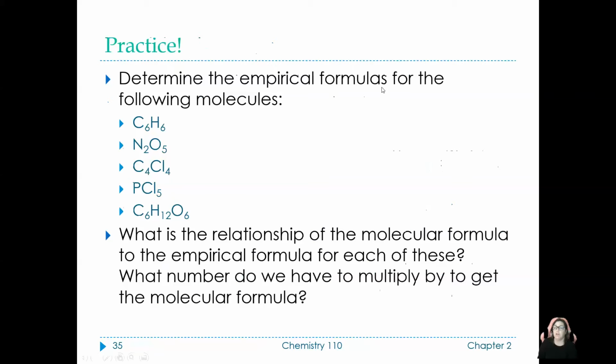So determine the empirical formulas for the following molecules. C6H6. Okay, C6H6. I can divide both of those by 6, and so I get CH as my empirical formula. N2O5. 5 is not divisible by 2, so I'm stuck with N2O5.